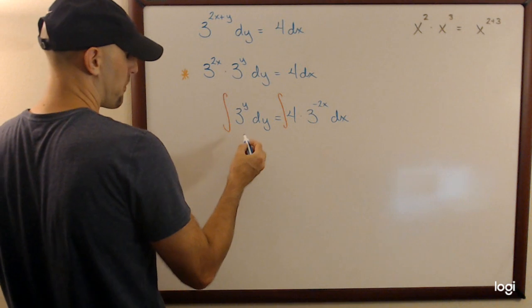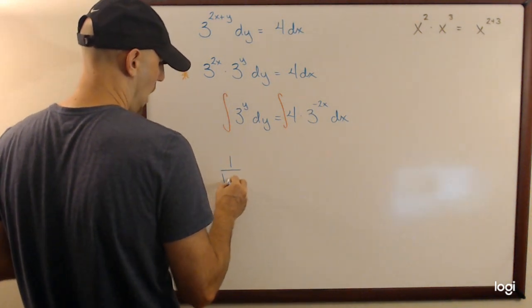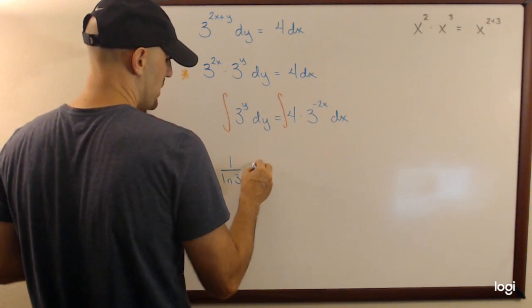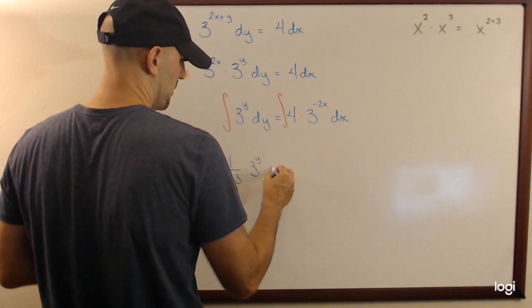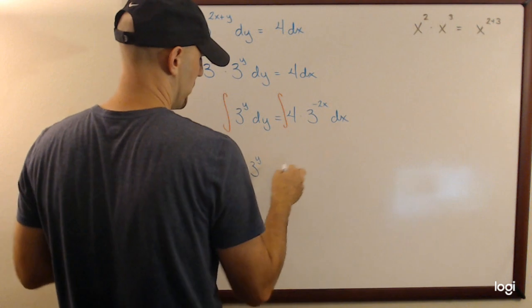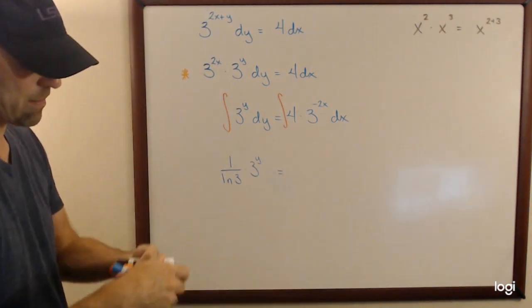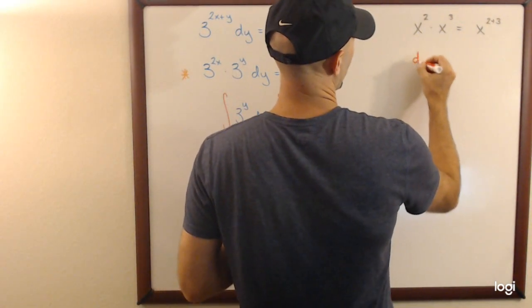Okay. The integral of 3 to the y is 1 over the natural log of 3 times 3 to the y. Okay. Again, technically plus c, but yeah, whatever. Okay. Again, where am I getting this? Remember, you have your basic derivative rules here.